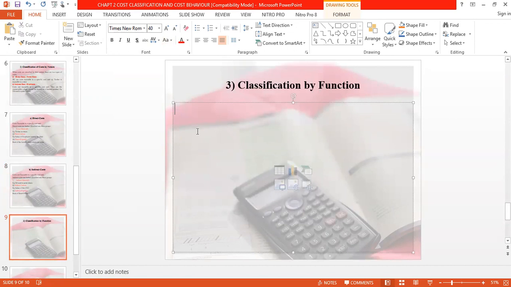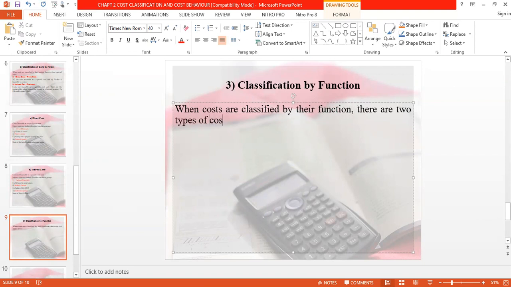Classification of costs by their function. When costs are classified by their function, there are two types of costs.